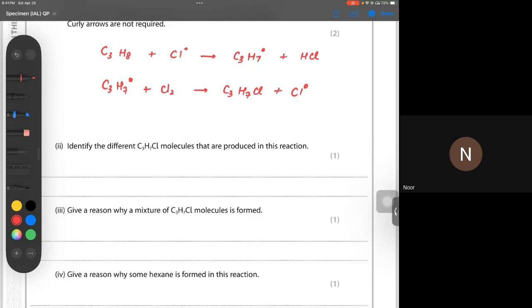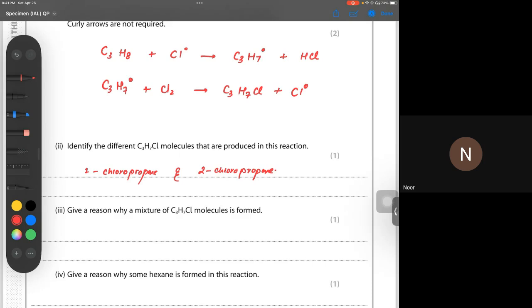It may be at the first carbon atom, it may be at the second carbon atom. So the products may be 1-chloropropane and 2-chloropropane.